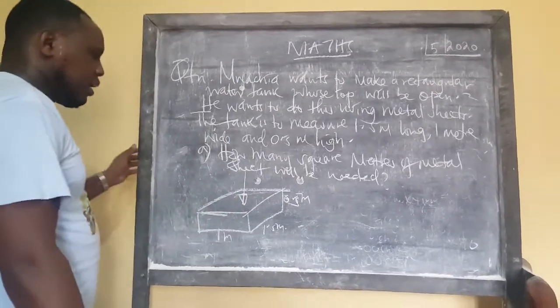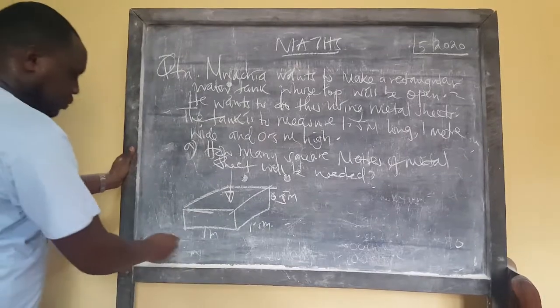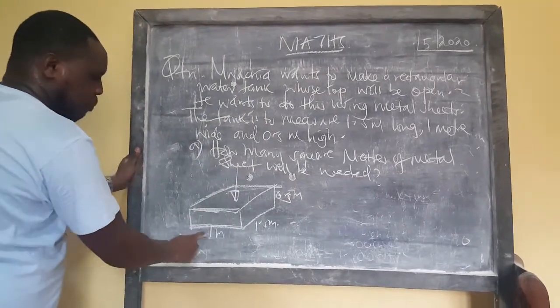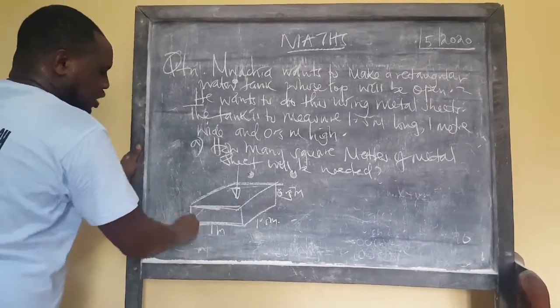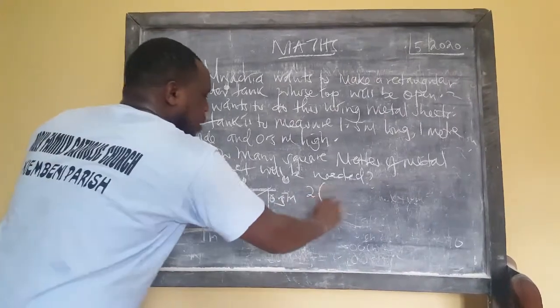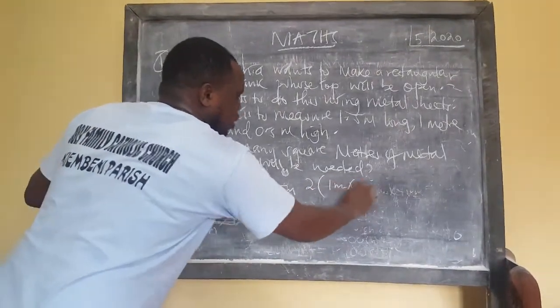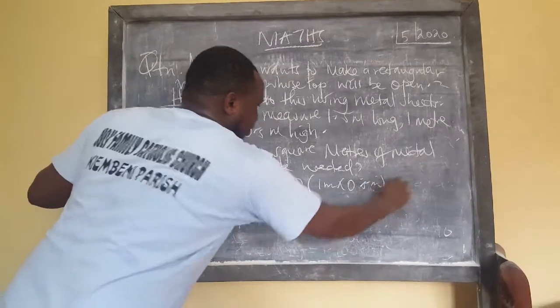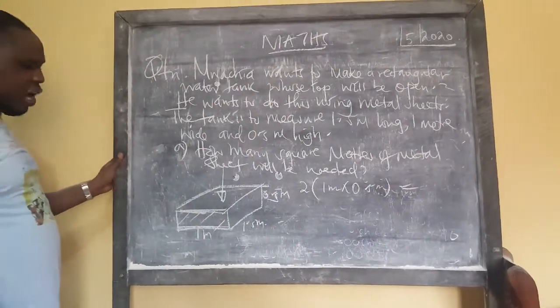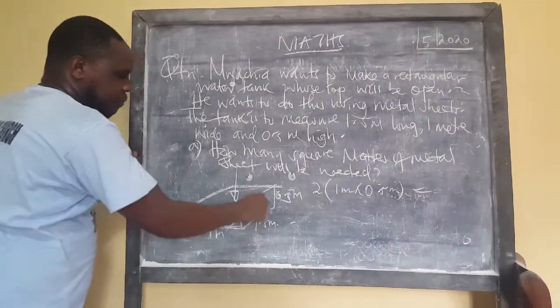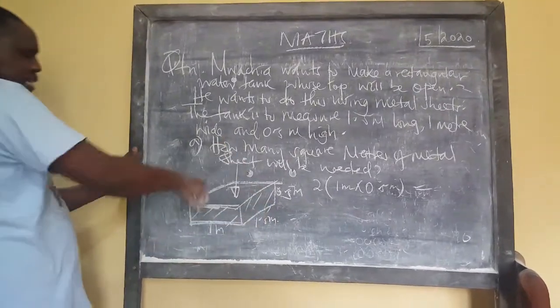So we will begin by knowing how many sides measure 1 meter by 0.5. There are two, this one and the other one. So 2 measure 1 meter times 0.5 meter. You get the area of that. The others measure 1.5 by 0.5. There are also 2. There's another one on the other side.